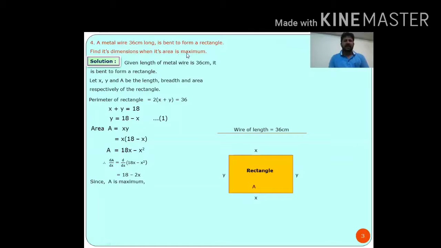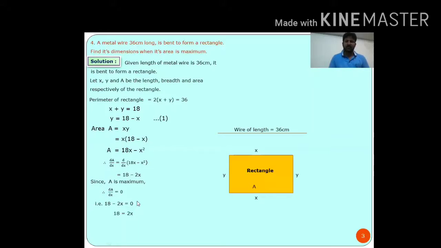Since the area is maximum, the first derivative is equated to 0: 18 minus 2x is equal to 0. So 18 is equal to 2x. Dividing both sides by 2, the value of x is 9.